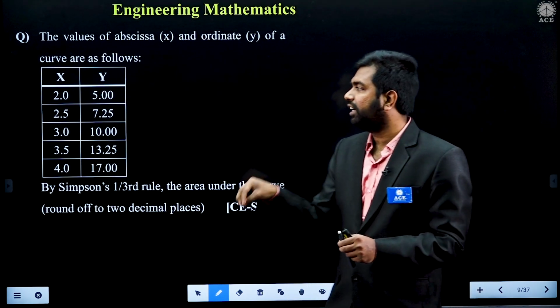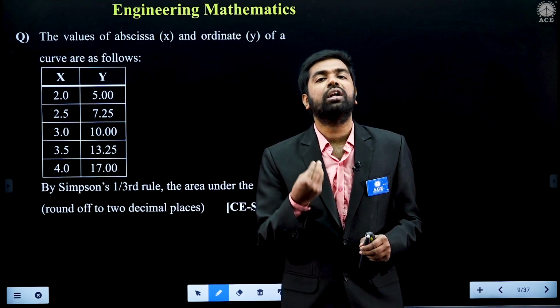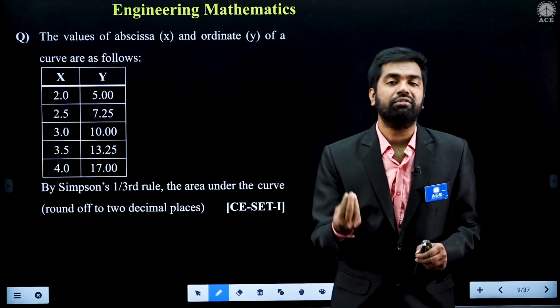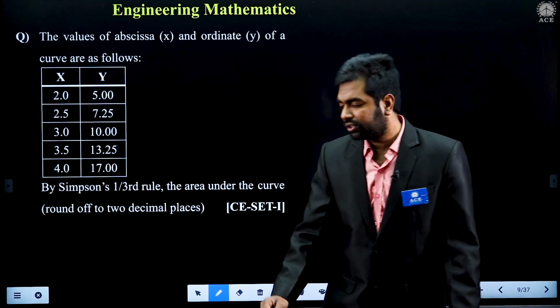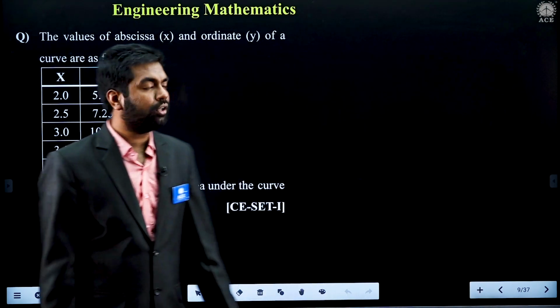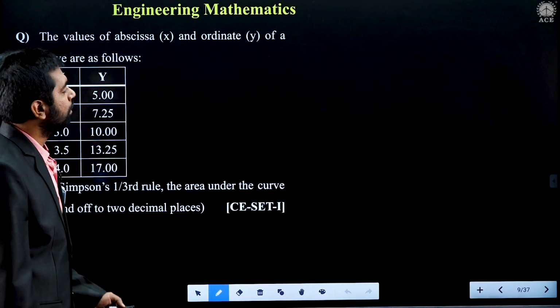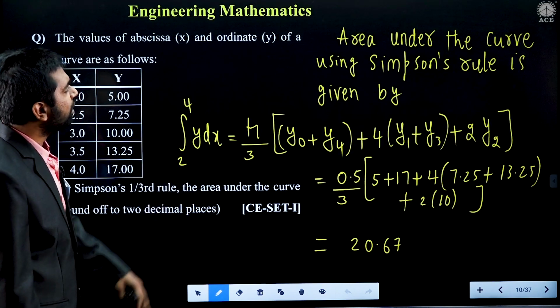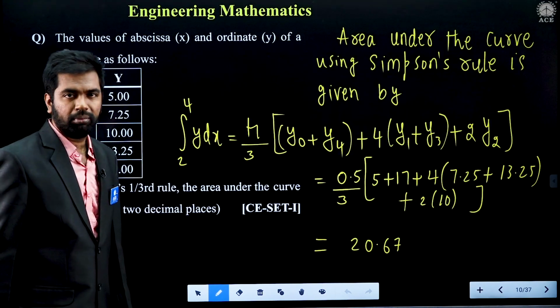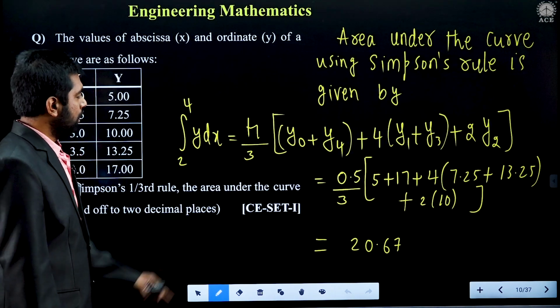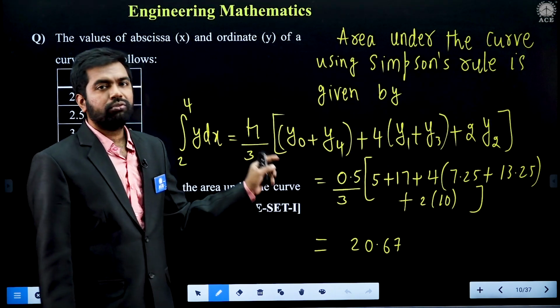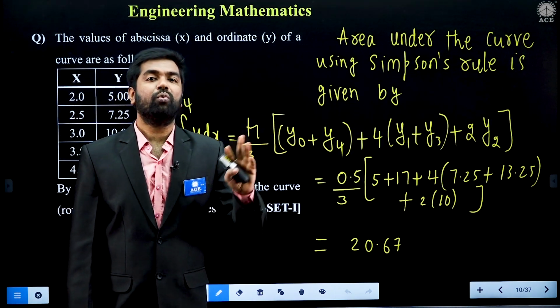If you can identify what are y0, y1, y2, y3, y4, we are done with the problem. So let's have a look at Simpson's 1/3 rule. So area under the curve using Simpson's rule is given by this formula, like I said before. H by 3, y0 plus y4, 4 times y1 plus y3, twice y2.